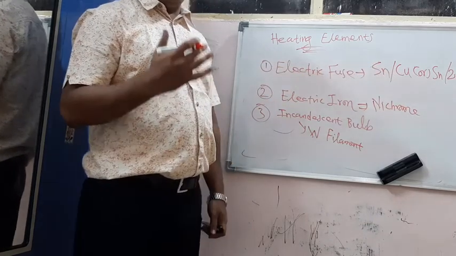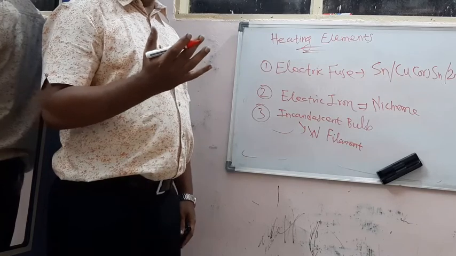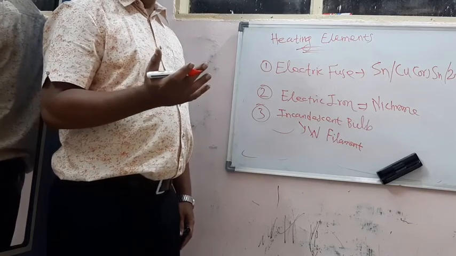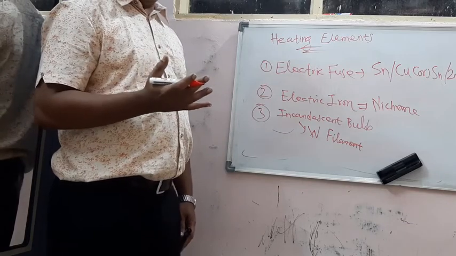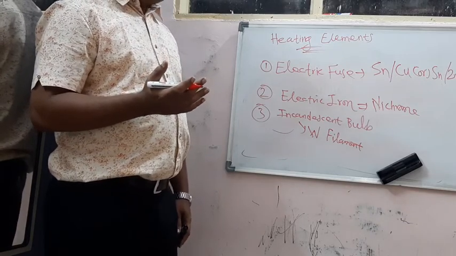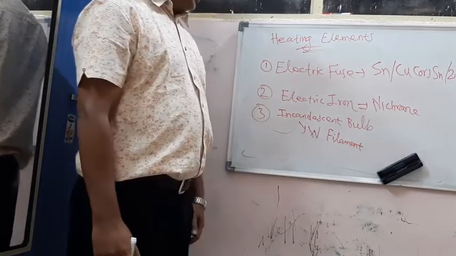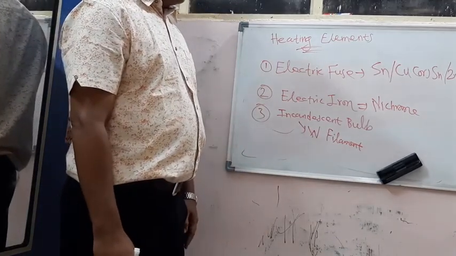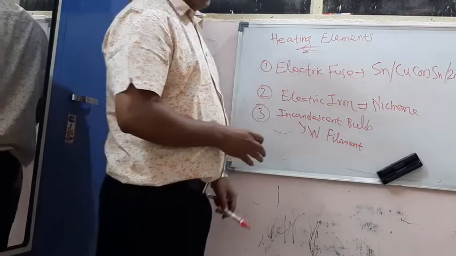In such a way it protects home appliances as well as gadgets from higher electrical current. So these are the various examples of heating elements that we use, and now we'll move on to the next topic, strain gauges.